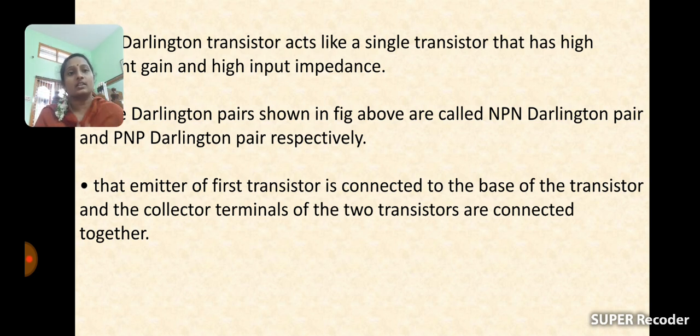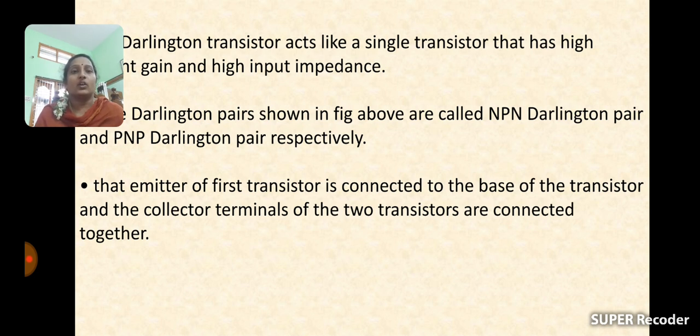It acts like a single transistor because both collectors are connected together and the emitter of the first is connected to the base of the second, so that the Darlington circuit acts like a single transistor but has high current gain and high input impedance.